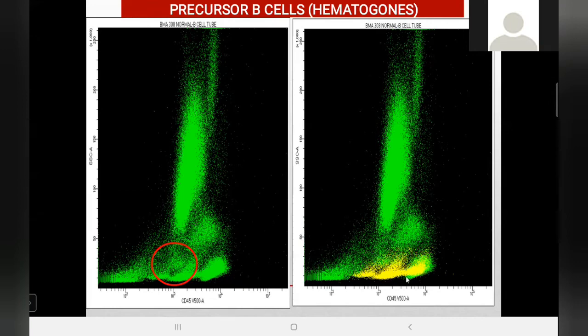This is how the normal hematogones look. So when you see this, just know that they would be hematogones, all right? So this population is the stage 1 hematogones, this is the stage 2 hematogones, and these are merging with the lymphocytes. So these are the mature B lymphocytes, all right? So always remember the look of this on the side scatter 45 is like this, like 3 tiny populations holding each other's hand, and they are the hematogone population.